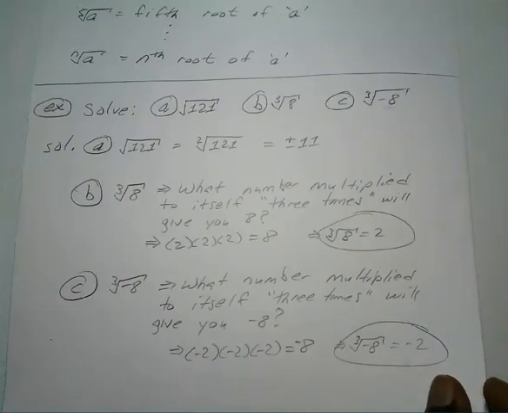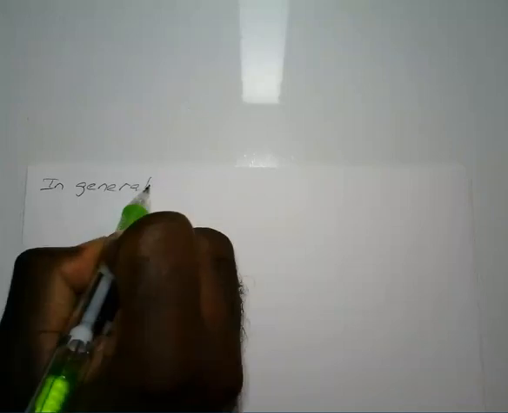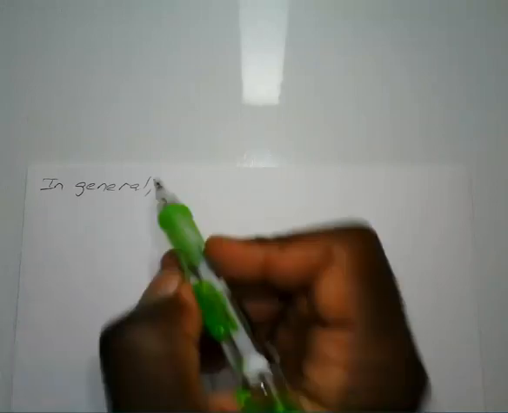Okay, so let's go to our general idea. In general, we're looking for our nth root of whatever our radicand is.